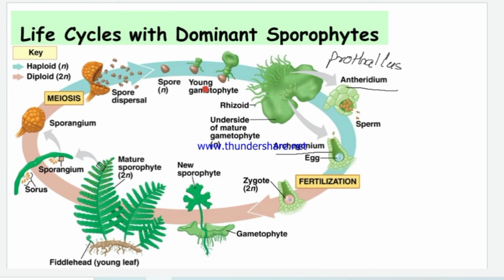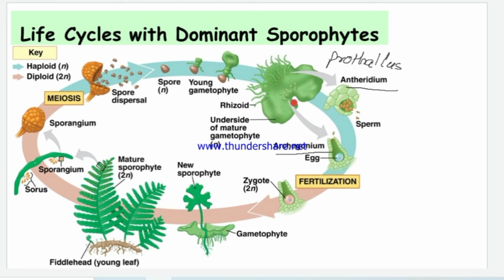Now, the life cycle of a sporophyte. The life cycle of a pteridophyte, which has a dominant sporophyte, starts with a spore, which is a haploid structure. This spore gives rise to a young gametophyte. The gametophyte takes the structure of a prothallus, which is an undifferentiated mass of cells.